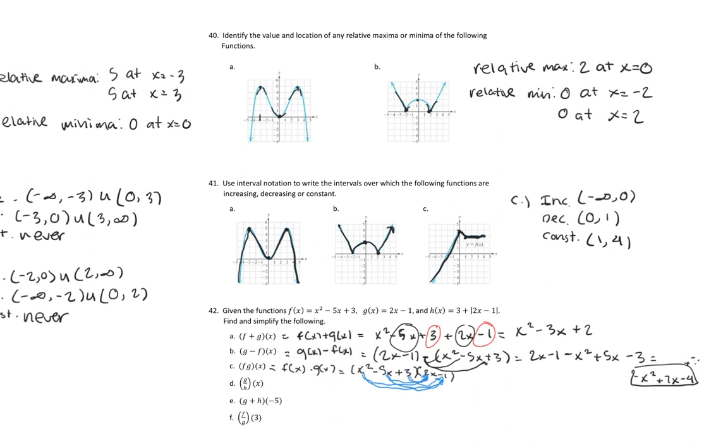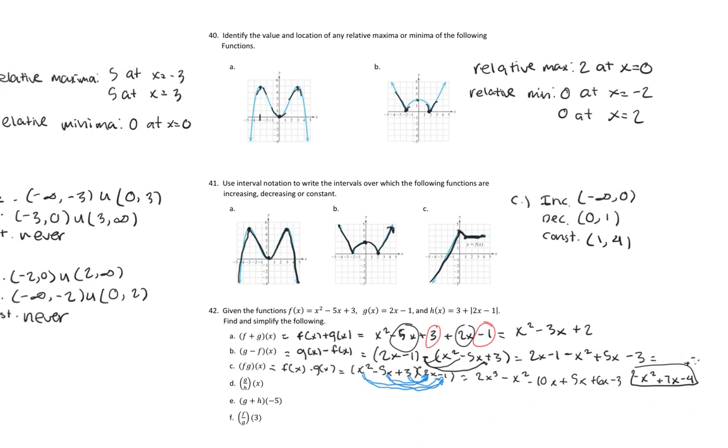And so if we do all of those operations, our x squared times 2x is going to give us 2x cubed, and then x squared times negative 1, that's going to be negative x squared. Then negative 5x times 2x is going to be negative 10x squared, and then negative 5x times negative 1 is going to be plus 5x. Then 3 times 2x is going to be plus 6x, and then that last term, 3 times negative 1, is going to be negative 3.